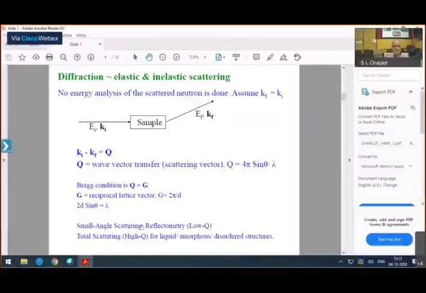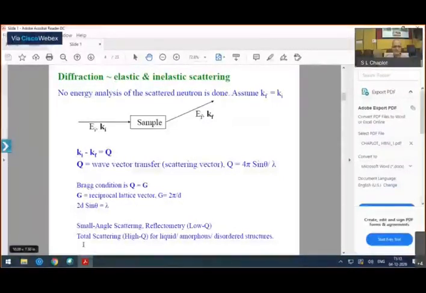And this has a different kind of information, not the crystallographic information, but information about any large scattering entities in the sample, macromolecules, or other structures, not at the unit cell level, but something of the order of 100 angstrom or 1000 angstrom. Reflectometry again deals with the surfaces.